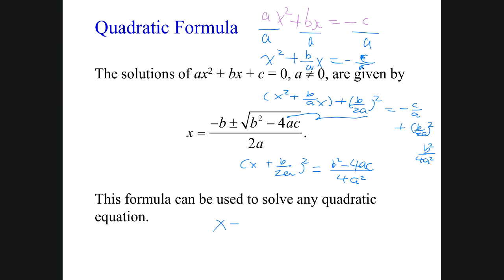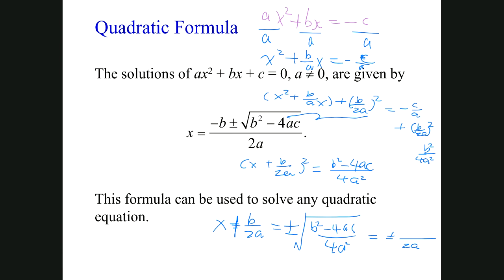All right, and you take the square root on both sides. Okay, you take the square root in order to solve this one. So take the square root on both sides, and then we're going to have a plus and minus the square root of this whole thing. All right, so that's b squared minus 4ac over 4a squared. And then if you get rid of this square, this can be taken out as 2a, right?